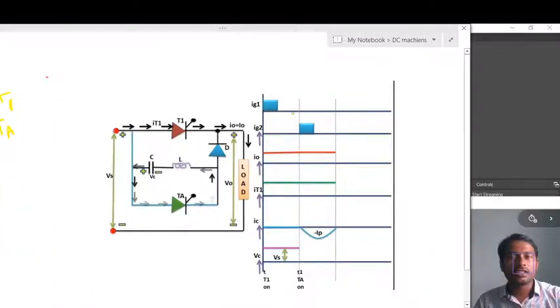Next, look at this figure. After a certain time, while the output current is flowing, if the gate pulse IG2 is given to the auxiliary thyristor, this thyristor will turn on.